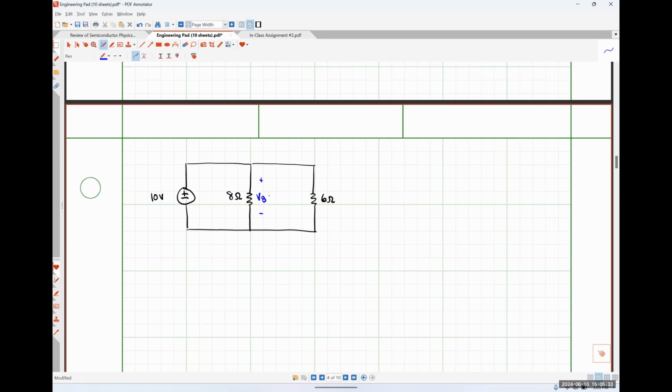So I'm going to call this V8. And I'm interested in finding the voltage drop across the 6 ohm resistor, positive polarity on bottom, which I'm going to call V6. Okay. If I were to write a Kirchhoff's voltage law equation for this circuit, what would I wind up seeing that V8 is?